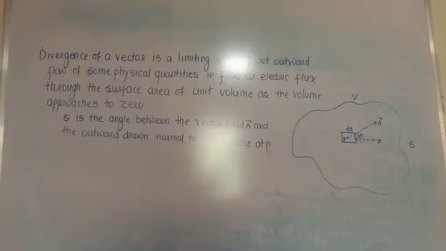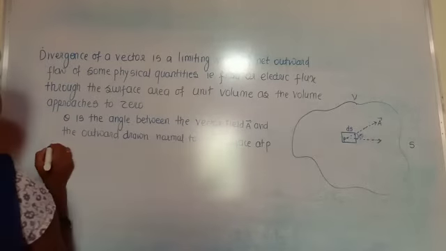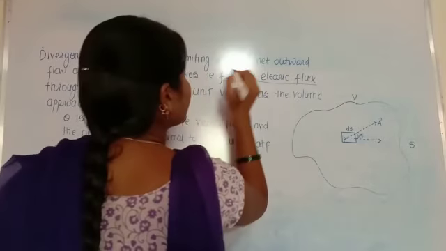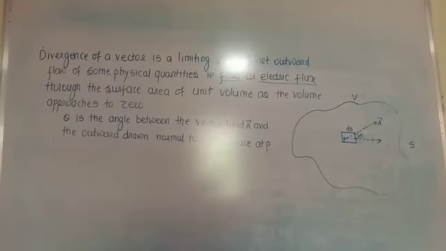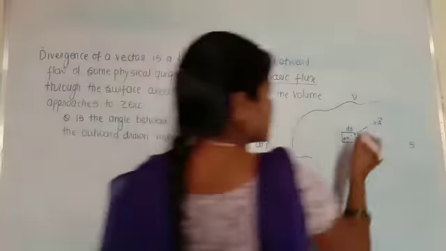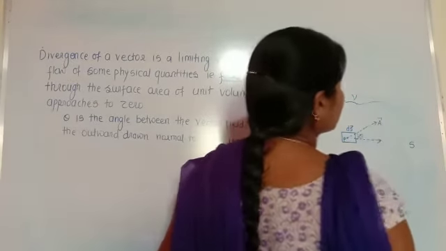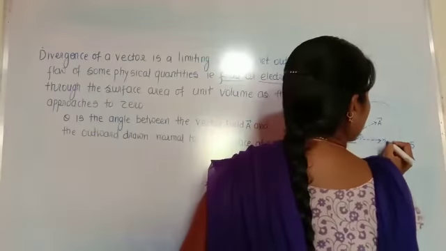So then, the flux of the field out of the area. We are calculating electric flux or fluid flow, that is the limiting value of the net outward flow of electric flux. This is the surface area, this is the surface, this is the volume, and this is the normal.